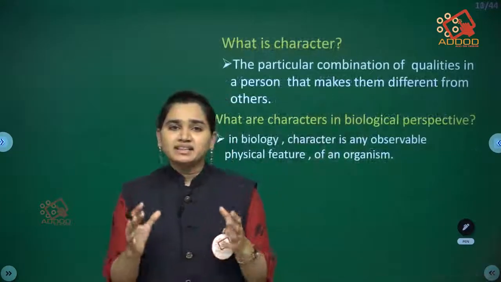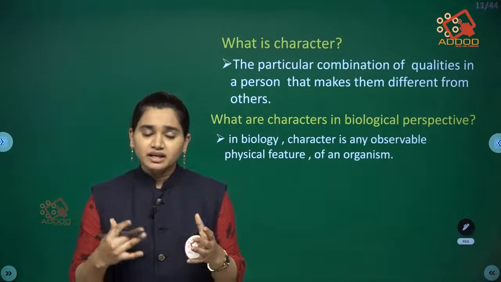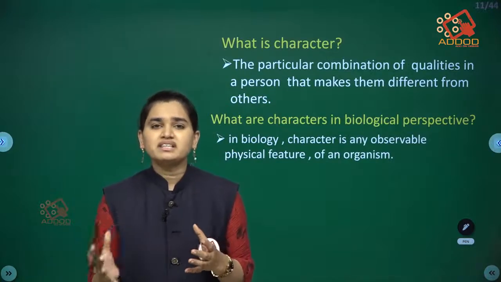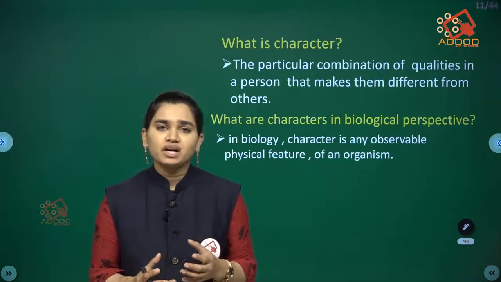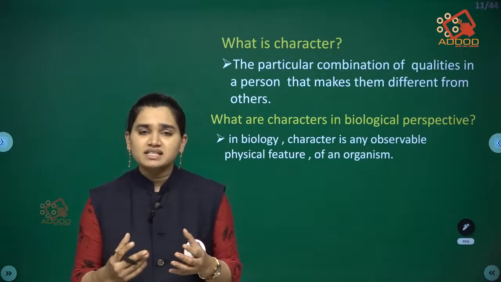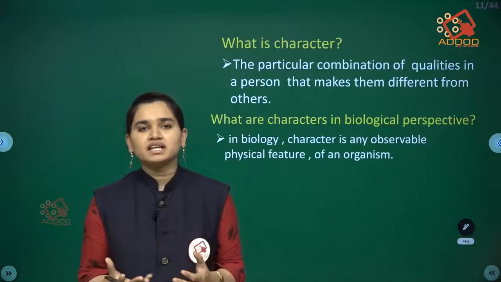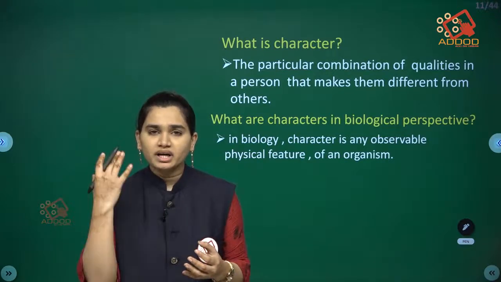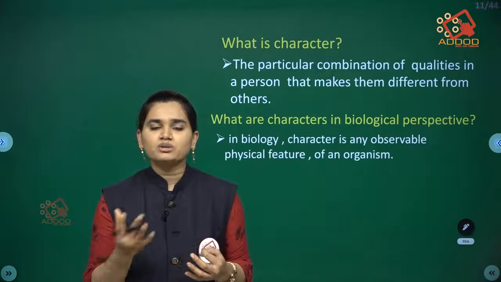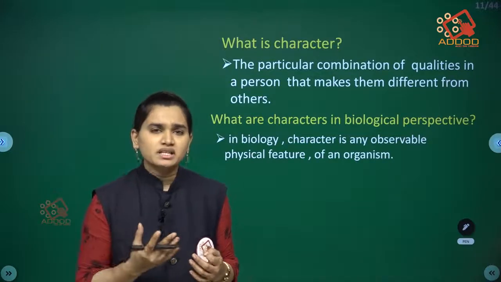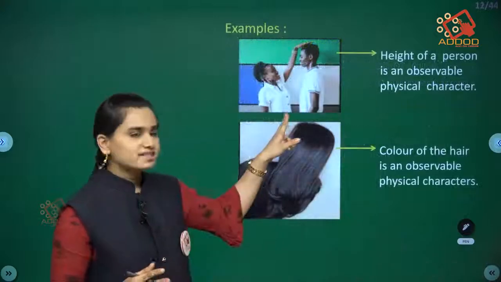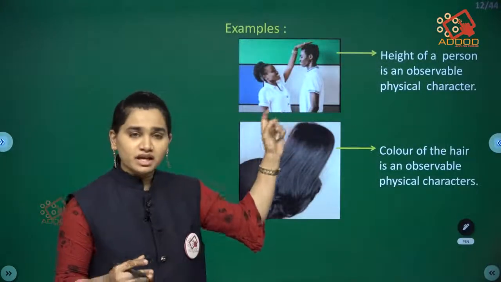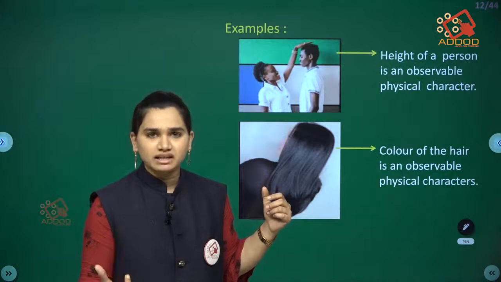Now character is a quality that defines a person. When you come into the biological perspective, a character can be defined as any observable physical character. Anything you can observe accounts to be a character. Now we will see certain examples of characters. For example, height of a person, that is an observable physical character.